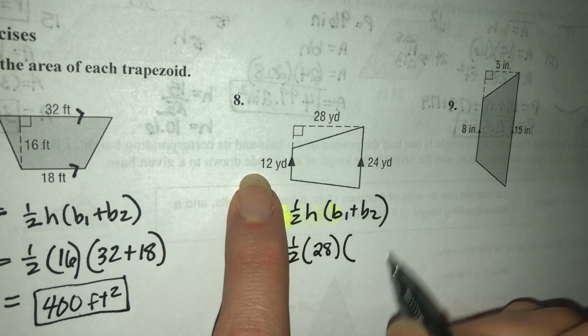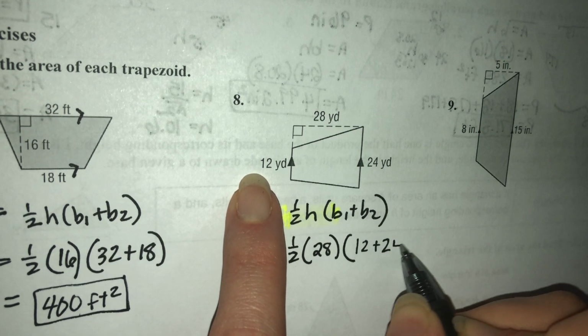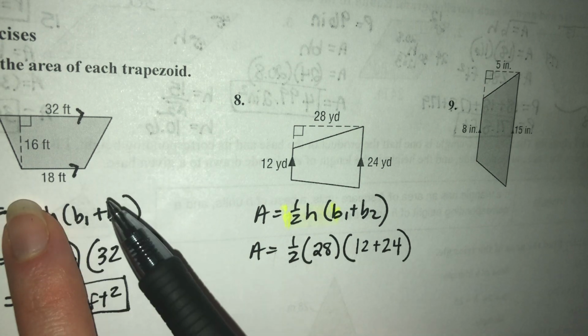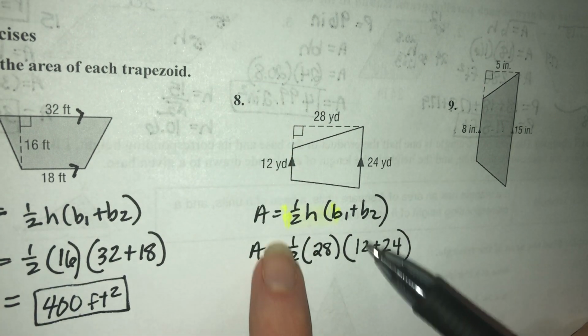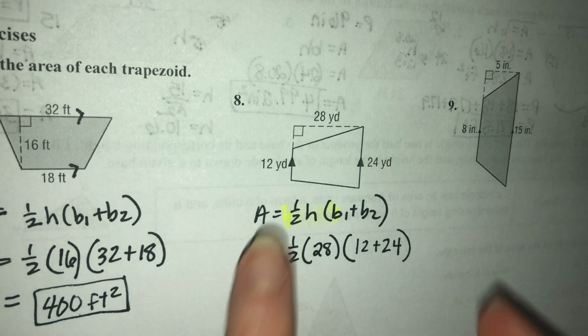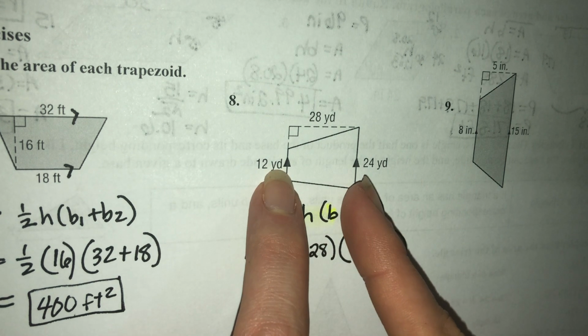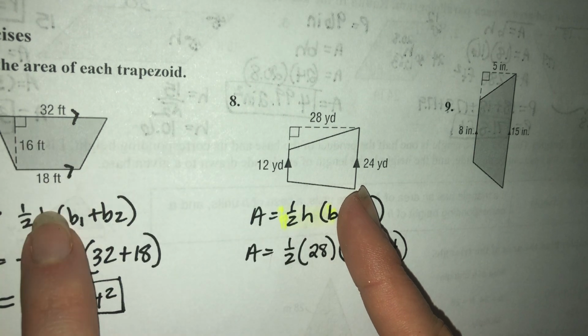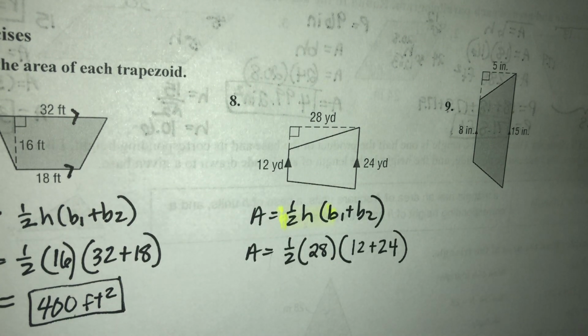And then we have our bases 12 plus 24. Notice on the number 7, the bases ran horizontally, and on number 8, the bases run vertically. So it's not always going to be the top and the bottom side. What you're looking for are the parallel sides, and those should be marked with arrows, or if it tells you that it's a trapezoid and it's apparent which sides are parallel, you'll use those.